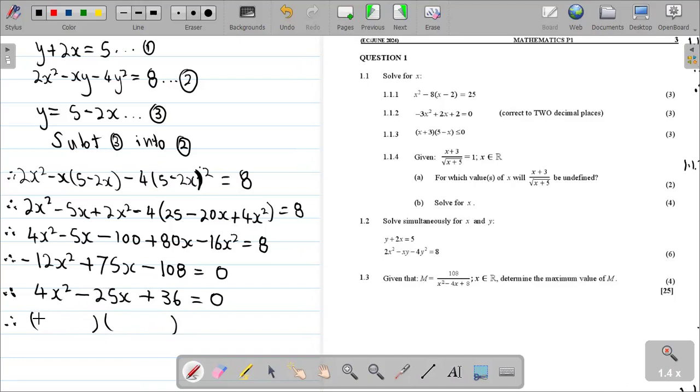So if we have 2 and 18, let's say if we have 2x and 2x, and then minus, if we have 9 and 4, 9 and 4, it will give us 18 and then minus 18.